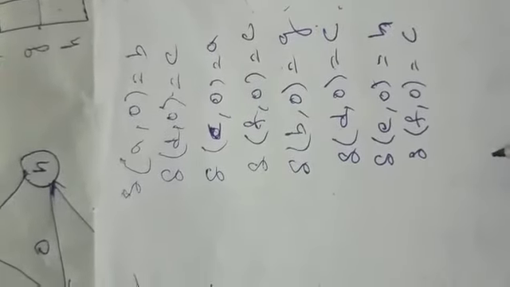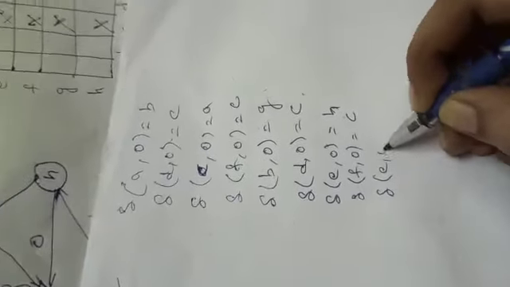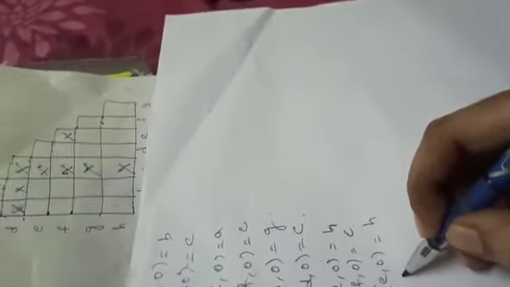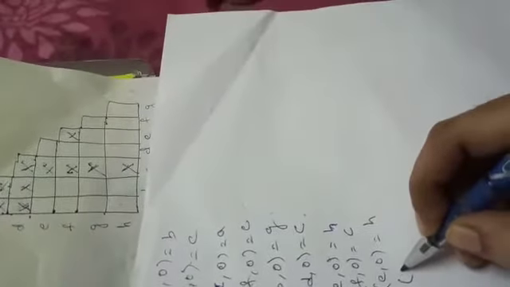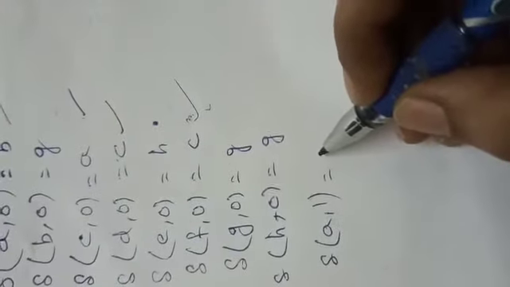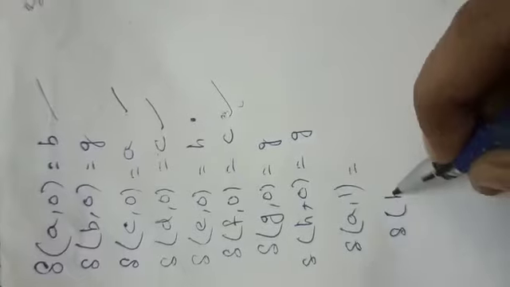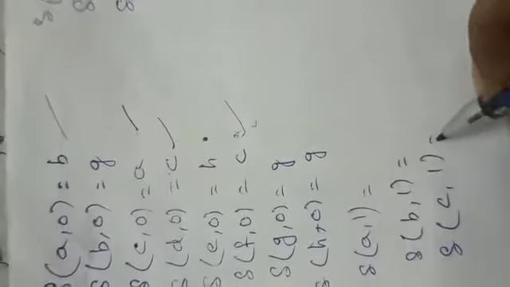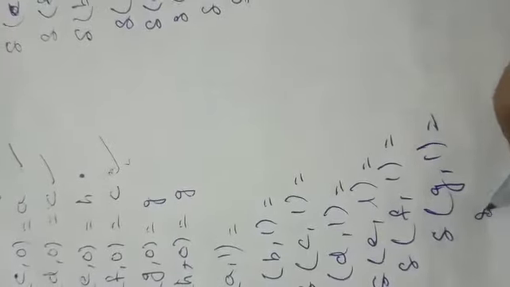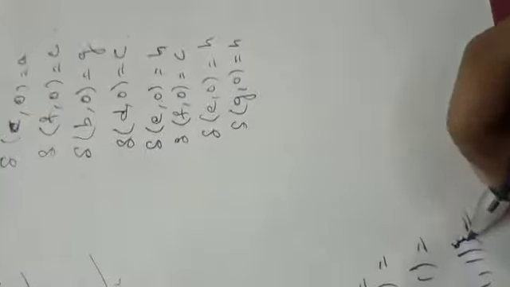Then we can check out for EF or EC, del of E comma 0, it is giving you H, del of G comma 0, that is also giving you H. Now we will find out similarly for del of A comma 1, del of B comma 1, del of C comma 1, del of D comma 1, del of E comma 1, del of F comma 1, del of G comma 1, del of H comma 1, and we will find out the pairs which already have an entry.